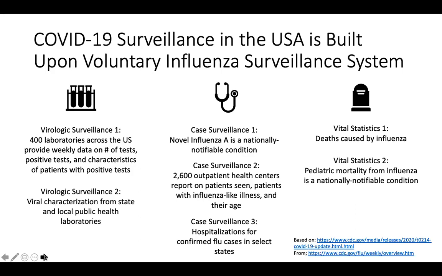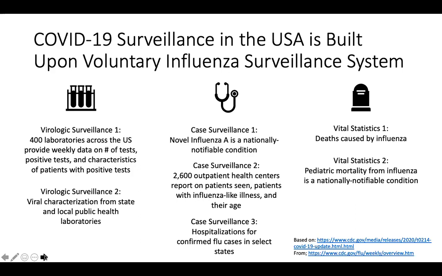Because that can happen, we have a network of outpatient health facilities providing data on a weekly basis to the government about the number of cases of likely influenza-like illness that they've seen, as well as the patient age. And for confirmed flu cases that are hospitalized, we have a small network of hospitals within states providing information about influenza-related hospitalization. So we have the outpatient, we have the hospital, and then we have this notifiable condition of influenza A.